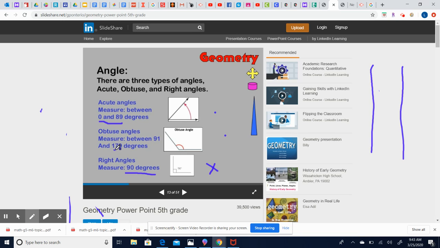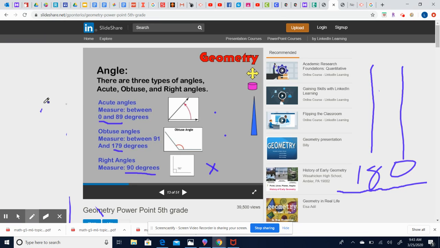Now, you'll notice that this goes up to 179 because once you get past 179, at 180, you now have a line, okay? So 180 degrees is a line.